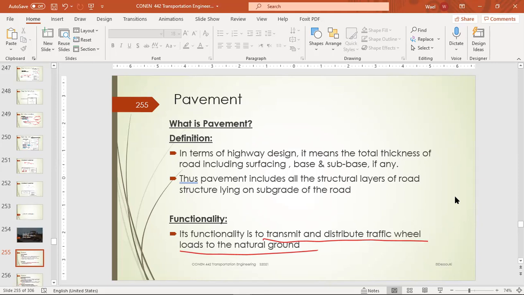So that's why we need a way to distribute this load over a larger area. It's similar to designing foundations. And the problem becomes more vivid in the case of runways and aircraft, because the wheel load of an aircraft is much higher than the wheel load of a truck wheel.